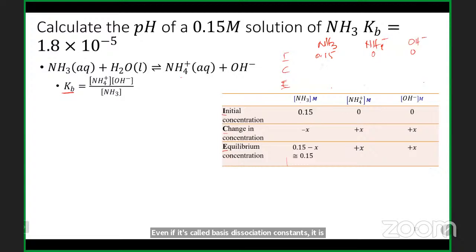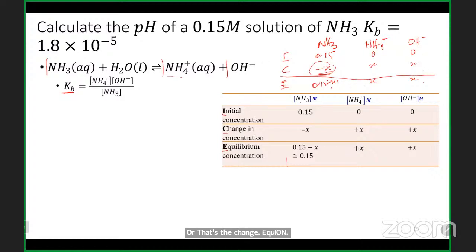So some of this dissociates, so there's a change that happens, which we call X. So what you have at equilibrium is 0.15 minus X. If X dissociated to give NH4+ and OH-, that means using a ratio of 1 to 1, one of this goes to one of that and one of that. It means X amount of this must have been produced, X amount of this must have been produced. That's the change.